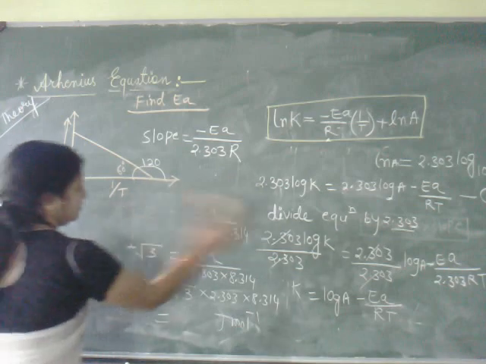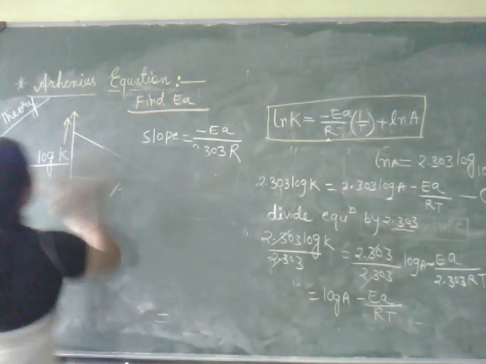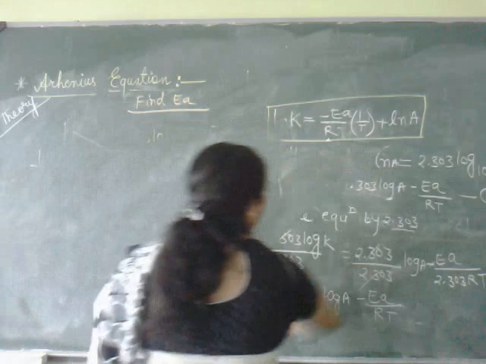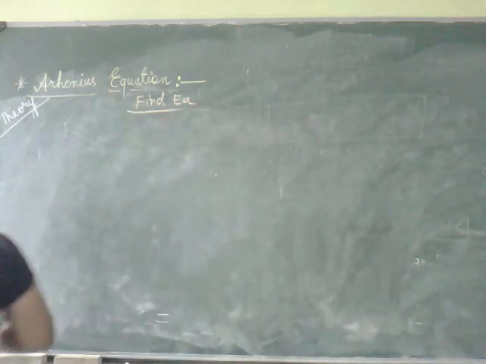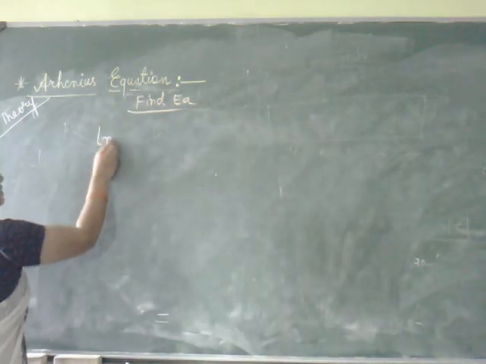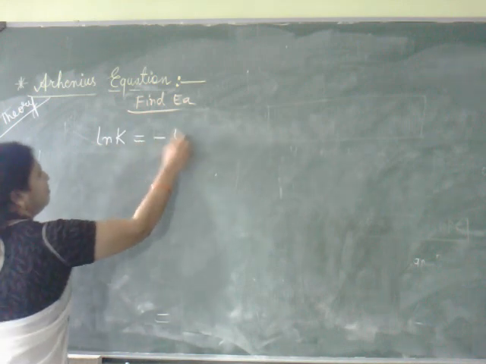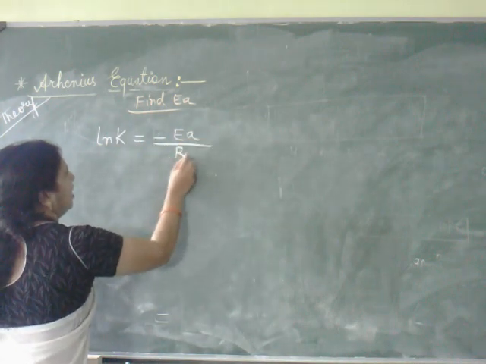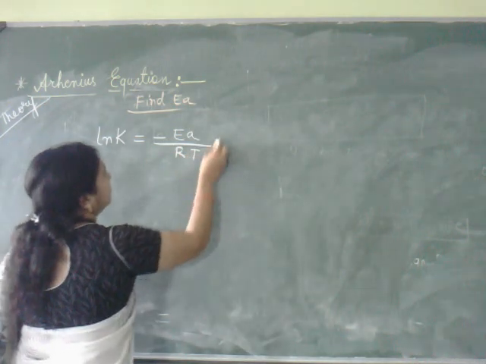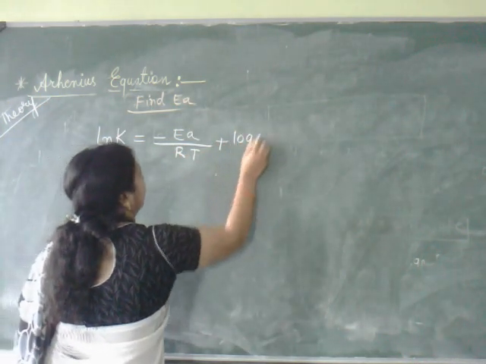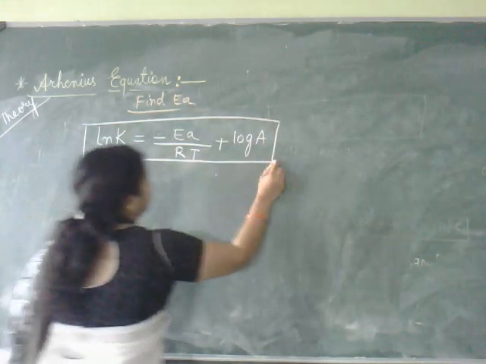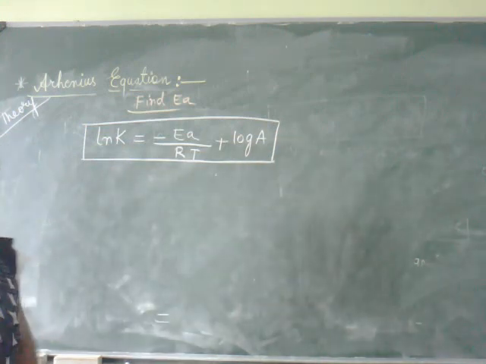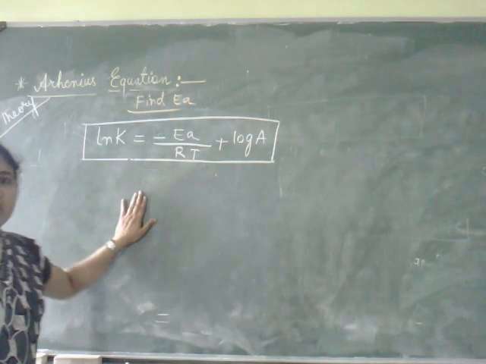Okay. So next we have this equation: ln K is equal to minus Ea by RT plus log A. This is one form of the RMS equation, and based on this one we have drawn the graph also.